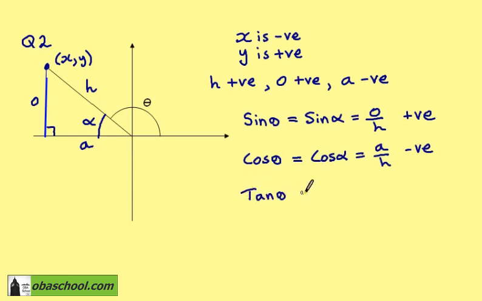For the tangent of theta, the definition is the same. The tangent of the associated acute angle. This is the opposite over the adjacent, a positive divided by a negative, and therefore this is negative.